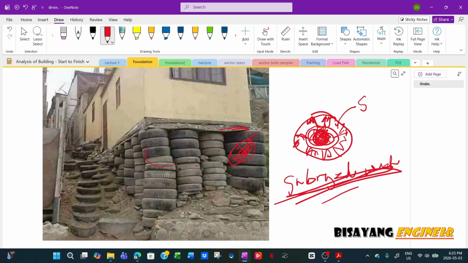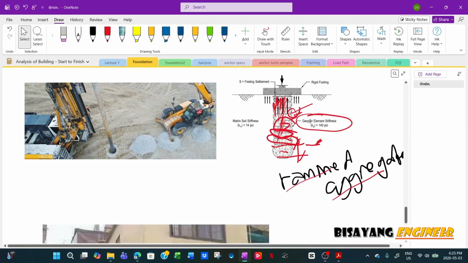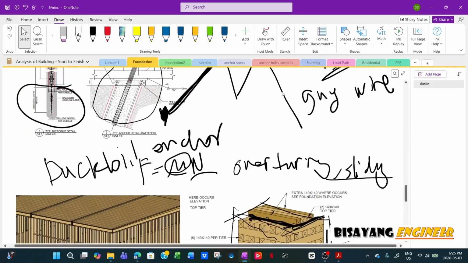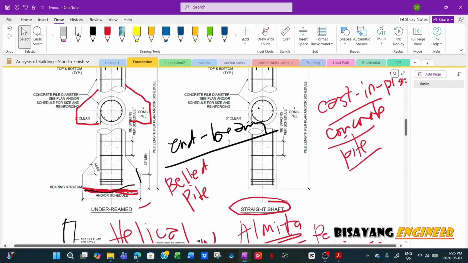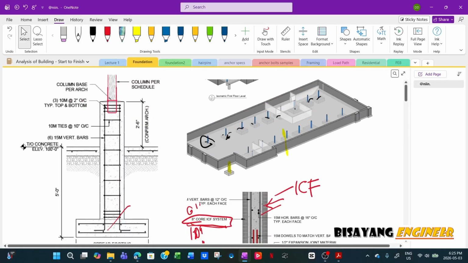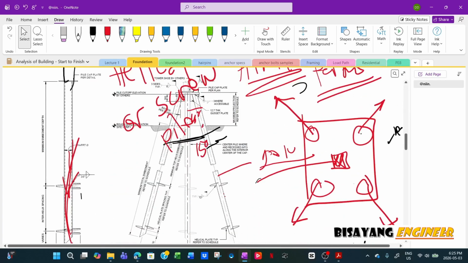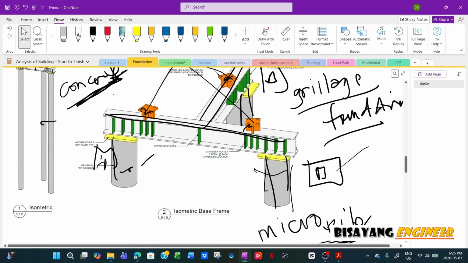Anyway, other than this one here, these types of foundation I've been designing for considerable years already. It depends. If the client wants a screw pile, then I will design a screw pile.